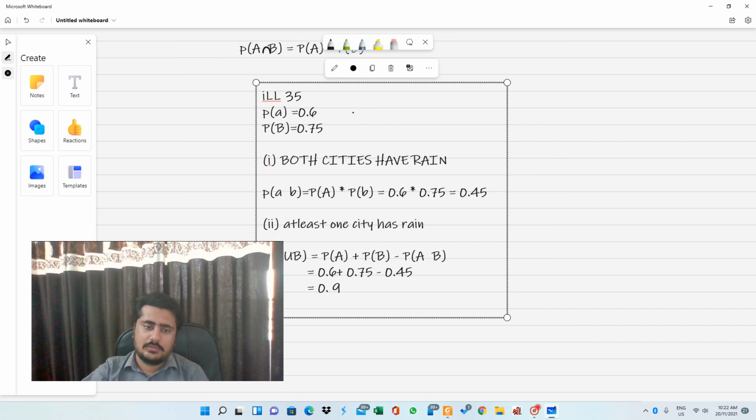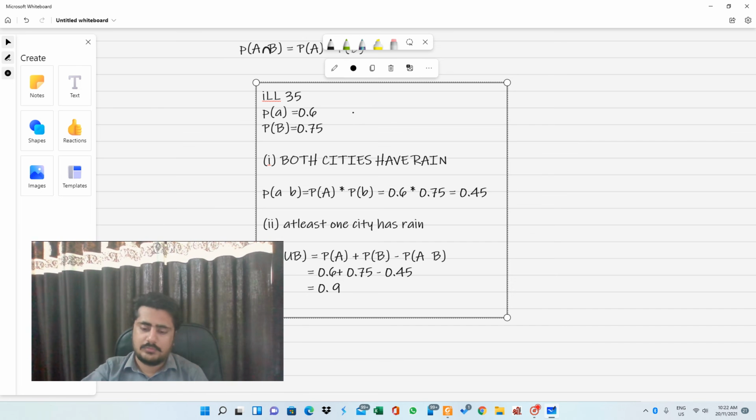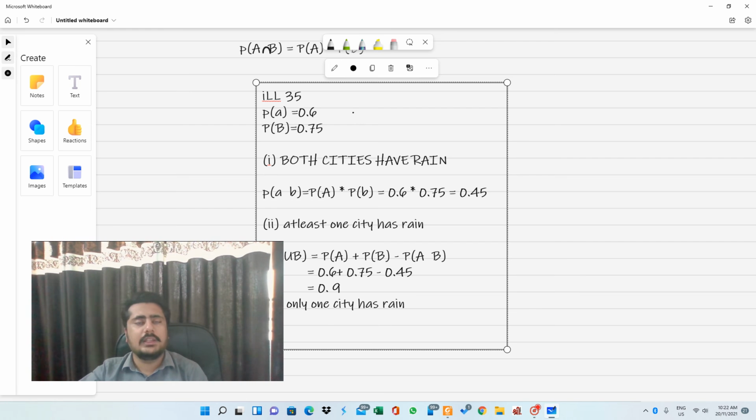Now there is the third question. Only one city has rain. I have explained this only one somewhere in exercise 1.3.